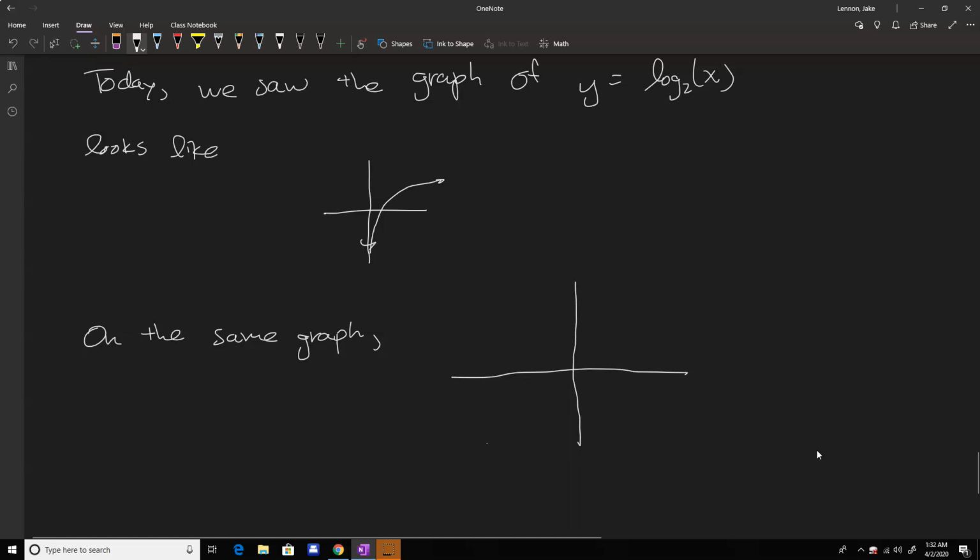If you draw the line y equals x, the 45-degree line that passes through the origin, you have the one graph here and the other graph here. They are exactly reflections of each other. This line is y equals x, this is y equals 2 to the x, and this is y equals log base 2 of x. So those are the graphs, and we see that they are in fact inverse functions.